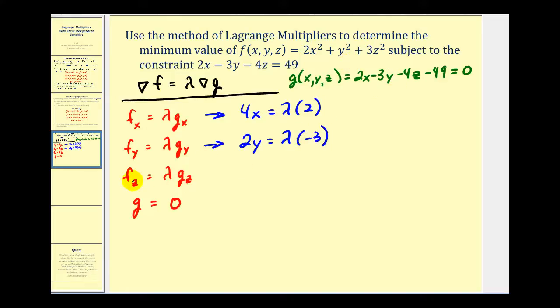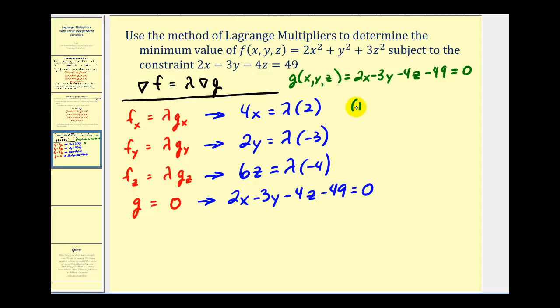And then we'll have the partial of f with respect to z, that'll be 6z equals lambda times the partial of g with respect to z, that'll be negative 4. And then our constraint is the fourth equation. This will be equation 1, equation 2, equation 3, and equation 4.